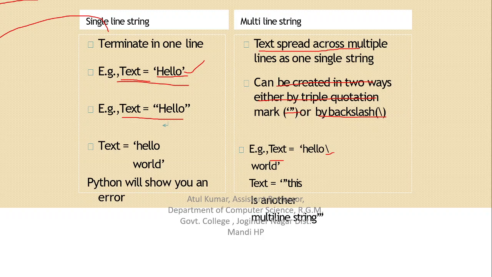When we include a backslash in our string literal, you can continue that string literal in the next line until the single quote is closed, then it is called a multiple line string literal.